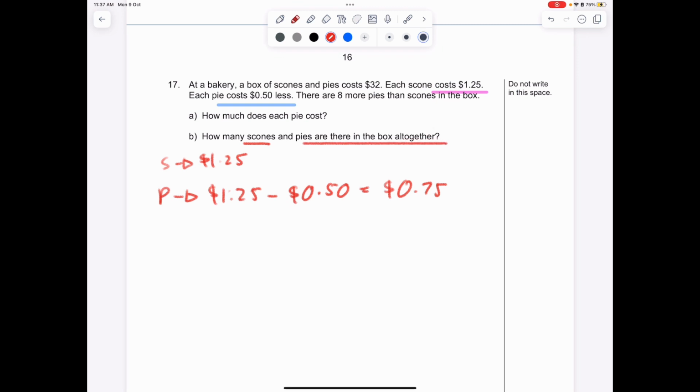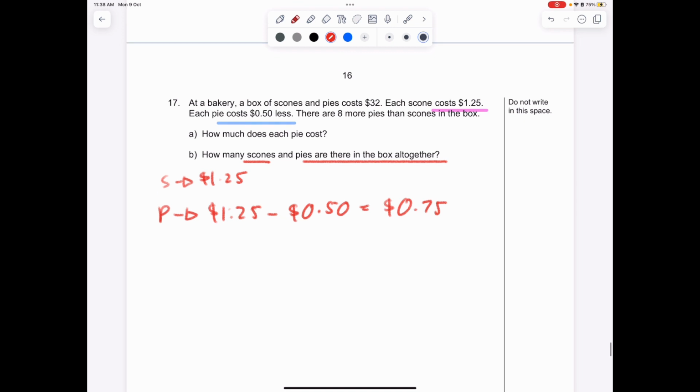Okay, now the first thing you need to understand is that there are 8 more pies than scones in the box. So what happens here is that you want to find out what is the difference.